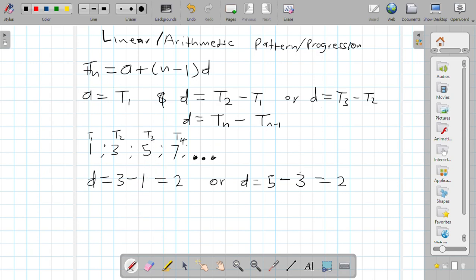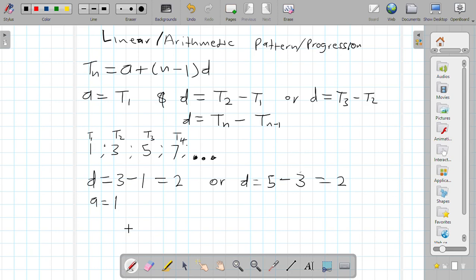To find the general term, or Tn, of this pattern or progression, we simply substitute the values we have into that equation. We know that d is equal to 2, and we also know that A is equal to term 1, and term 1 is equal to 1.